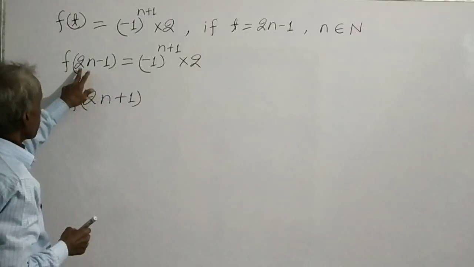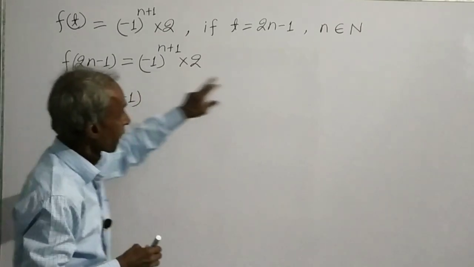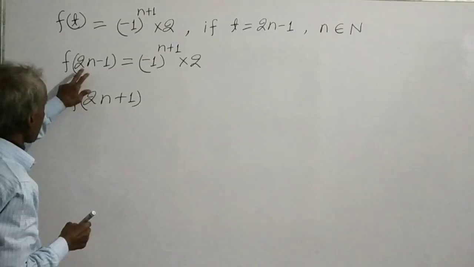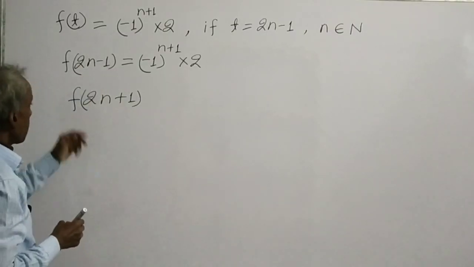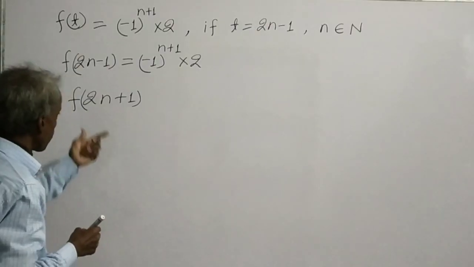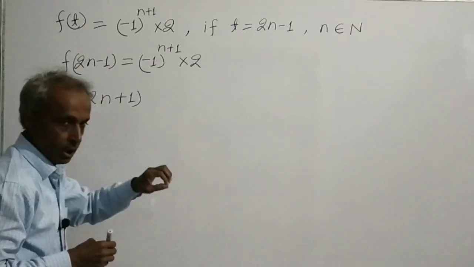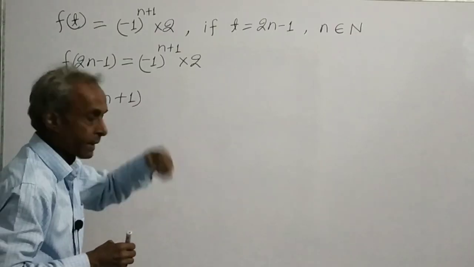Here it is 2 times some natural number n, minus 1. Therefore, we will also convert this 2n plus 1 in the form of 2 times some natural number minus 1.